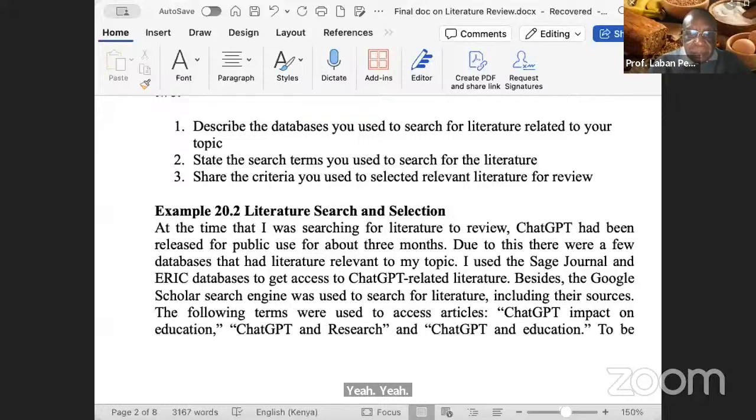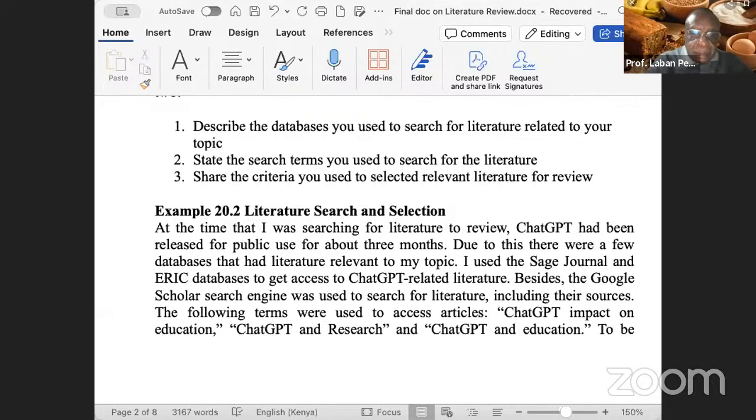Professor Laban, I would really like to appreciate that this is very timely. I'd indicated on the chat that some of us are on the verge of completing drafting our proposals for our dissertation.